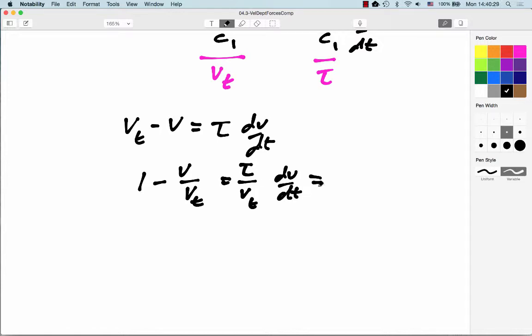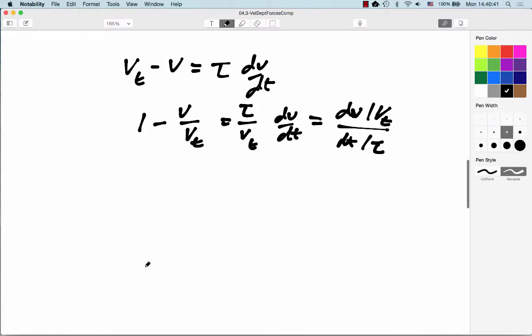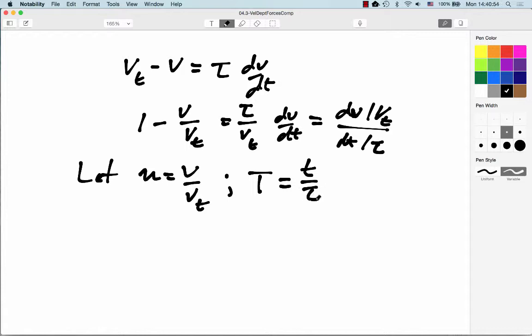We can just rewrite this cleverly as dv over v terminal and dt over tau. Okay, so that gives us a good clue as to what would be some natural values to use. So if we let u equal v over v terminal and say, I don't know, capital T equal t over tau.